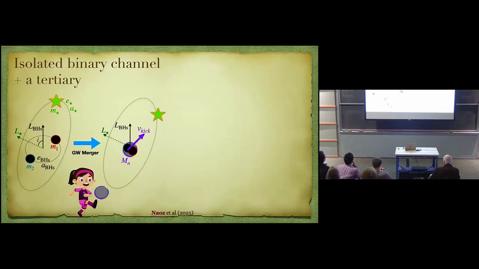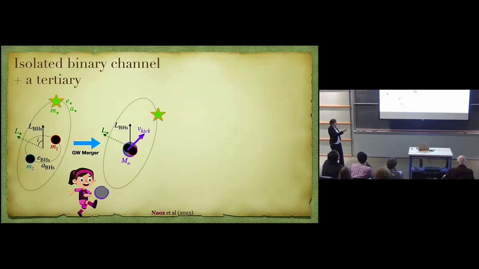Interestingly, all of this now becomes a deterministic calculation. We can just calculate exactly what will be the effect of the kick. We can calculate the magnitude of the kick, the vector of the kick, the orientation of it, and what will happen to the star.